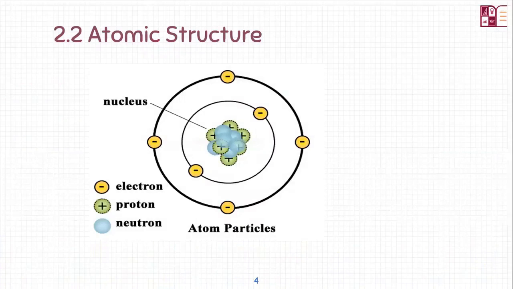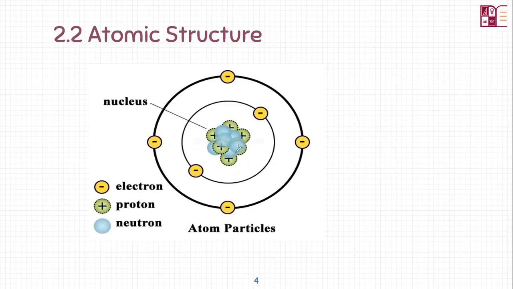Jumping on to the next slide. So this is the atomic structure. You guys might have seen it in your chemistry books. So this is basically an atom. An atom is the smallest particle of an element, and it consists of electrons, protons, and neutrons. So electrons are represented by these yellow circles, and the protons are the positive green ones.